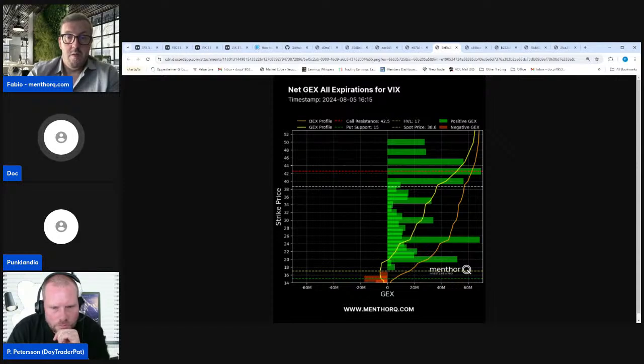Quick explanation of why. I'm assuming there's some familiarity with options market makers' hedging, but I'll throw in a quick, oversimplified version. The obvious assumption is that most people are long calls, that they bought calls.